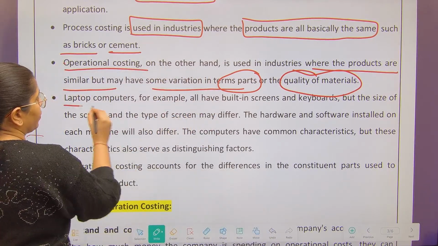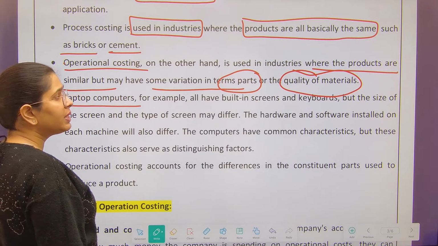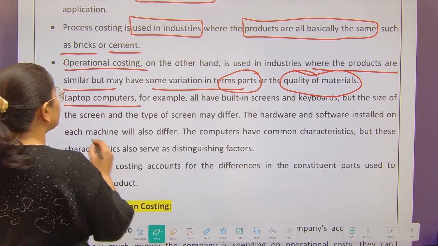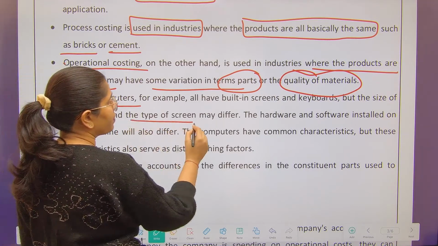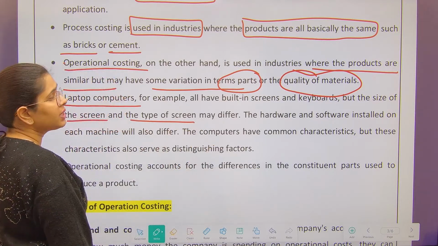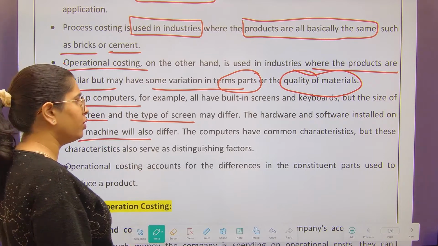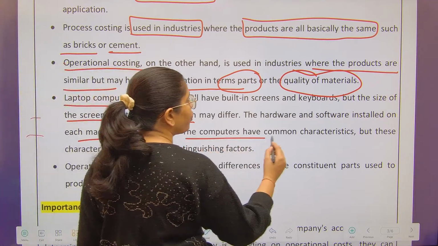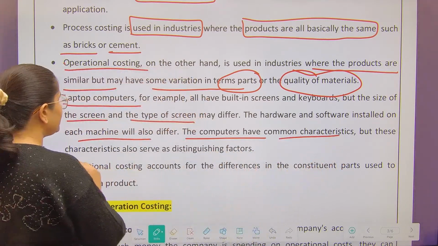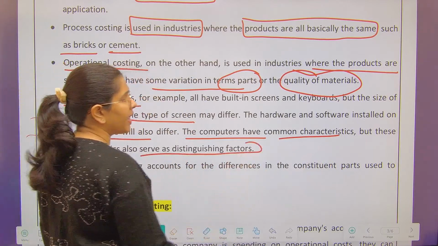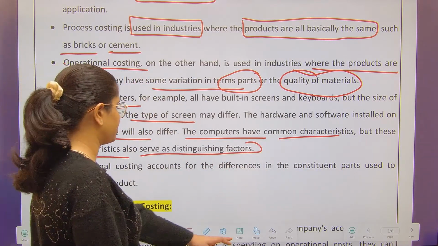That is your operation costing. Like laptop computers, they all have built-in screen and keyboards, but the size of screen, type of screen may differ. What is the hardware and software installed on each machine? That would also differ. Computers have common characteristics, but these characteristics also serve as distinguishing features.